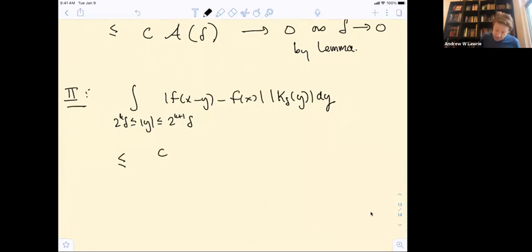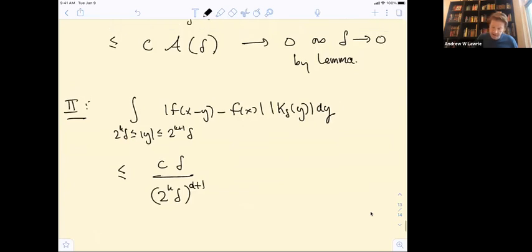So this is a constant times delta over 2 to the k delta to the d plus 1, right?